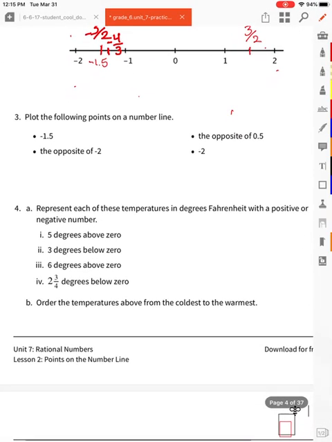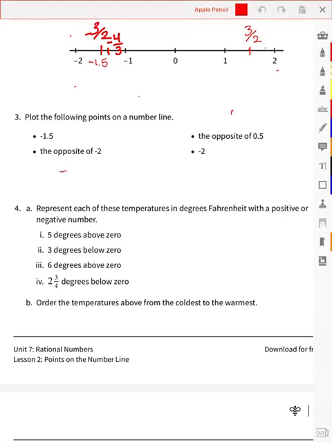Alright, for number 3, plot the following numbers on a number line. So you're going to draw your own here and start with 0 in the middle. And there's not very many numbers, so we can do 1, 2, 3, and -1, -2, -3.